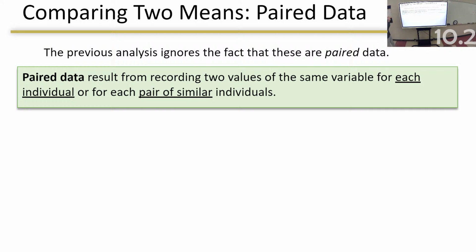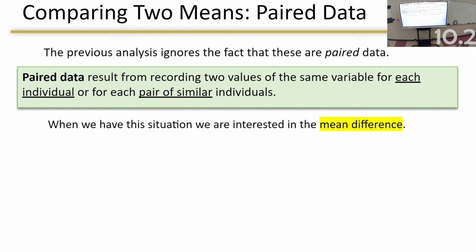These are the most common things: you're getting data from the same individual, so basically it's paired with themselves, or a pair of similar individuals. It's a pretty hard thing to recognize when data is paired or when it's not, so just read and be careful about that. Everybody okay? We're ready to go on?